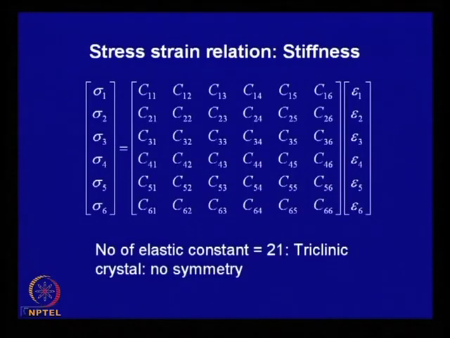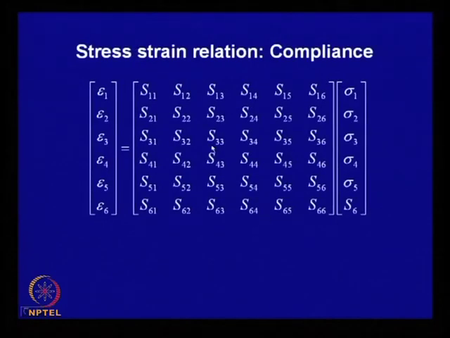This is what you need to describe the elastic stress strain behavior of crystals where you do not have any symmetry. For example, the triclinic crystal, where there is no symmetry, and a similar relationship also exists, you can say this is an inverse relationship. Strain is expressed as a function of stress.